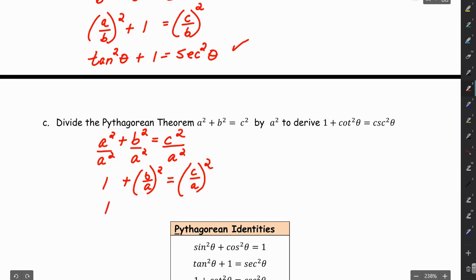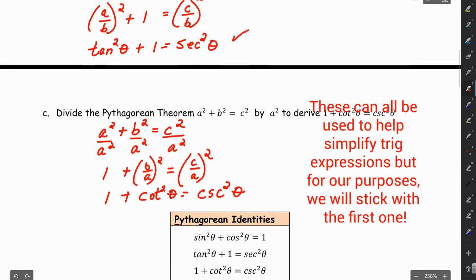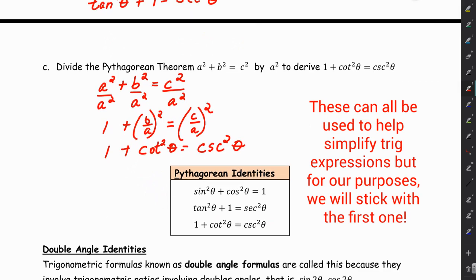So we end up with 1 plus cotangent squared theta equals cosecant squared theta. So now you can understand why they're called Pythagorean identities. And these are the three that we just derived.